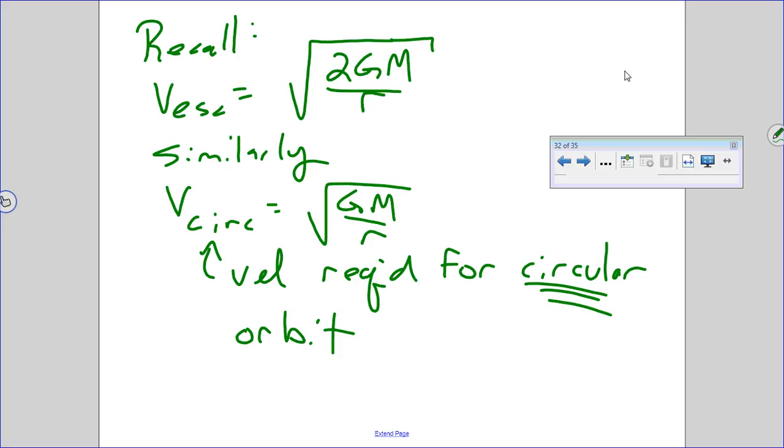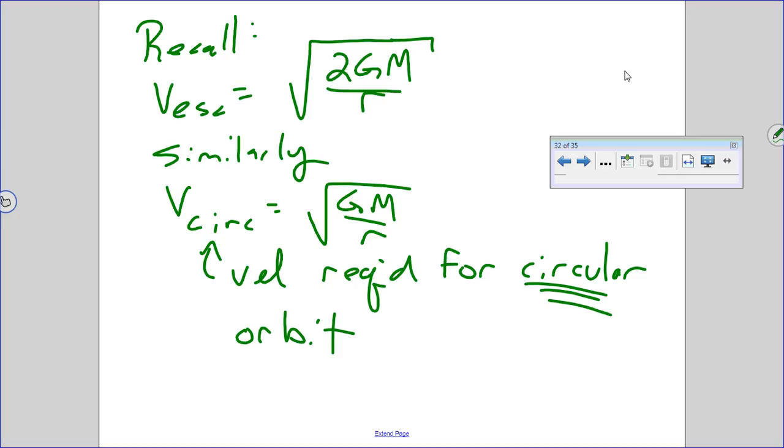Go ahead, Alex, and then Patrick. So that's the velocity required for, like, perpendicular to the body? Yes, because if you're in circular orbit, by definition, you're going to be perpendicular to the radius, which is a better way to say that.